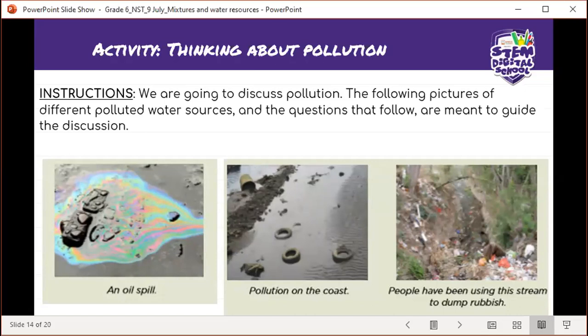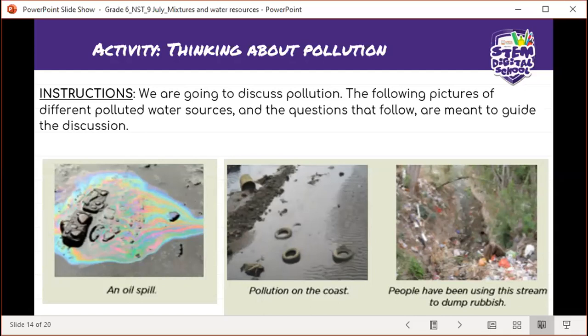On the third picture, it says people have been using this stream to dump rubbish. So it looks like all domestic waste has basically gone to this stream. The plastics, the packaging, things that we use in the house, basically everything that you might have in your rubbish bin at home is here on the stream, and it is indicated here on the third picture. All right.